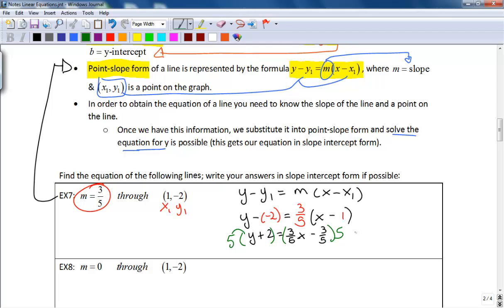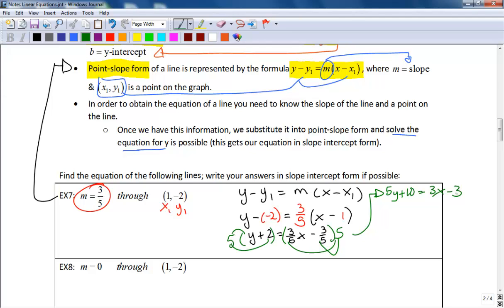So I end up with 5y plus 10 is equal to, well, when I multiply 3/5 x times 5, my 5's cancel and I'm just left with 3x. And then if I multiply 3/5 by 5, again, I get just 3 on top. So I end up with 5y plus 10 is equal to 3x minus 3.